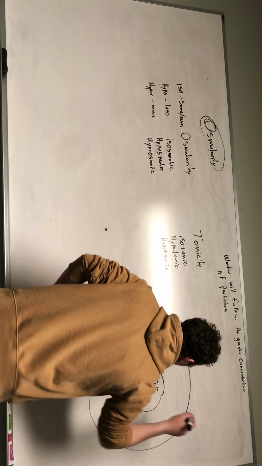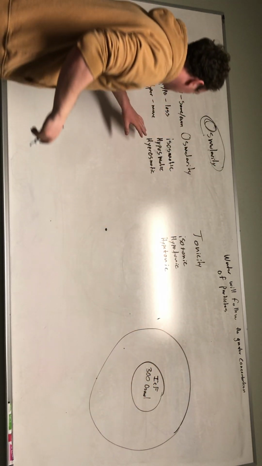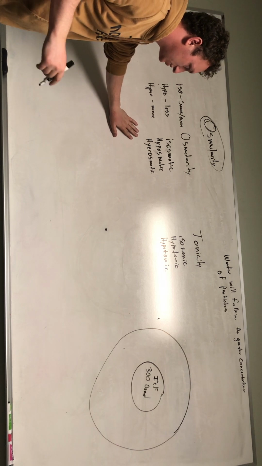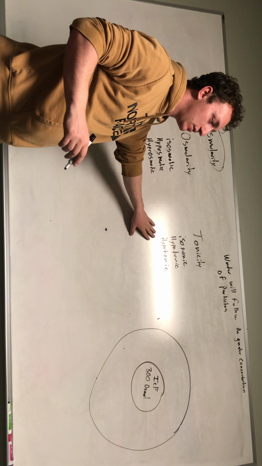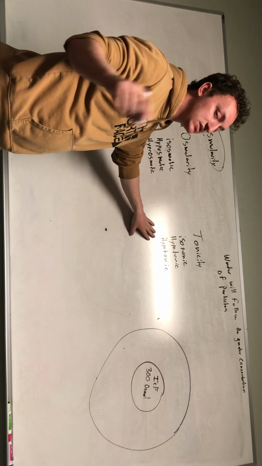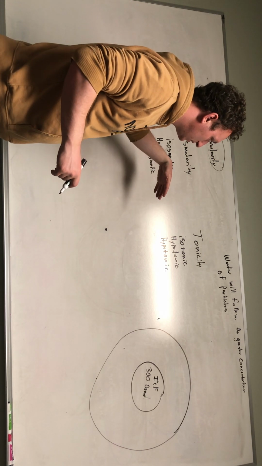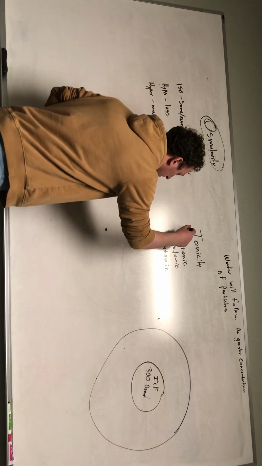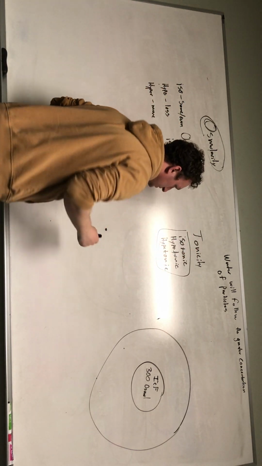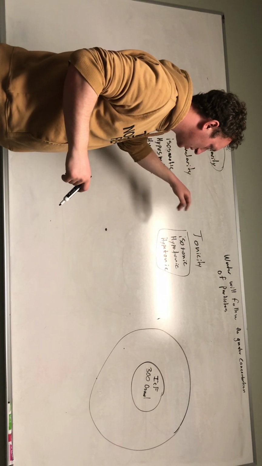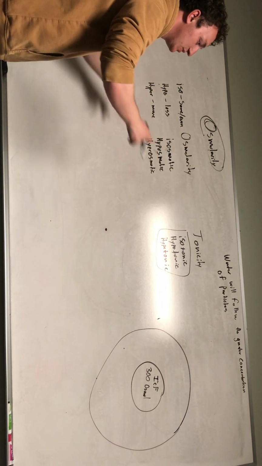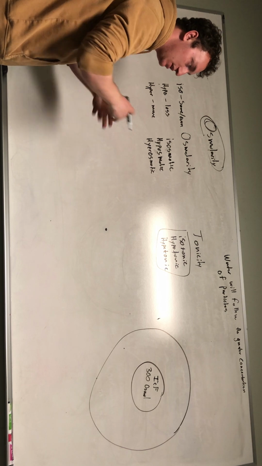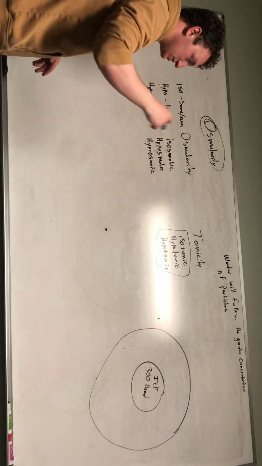Now, with osmolarity, we're still looking at concentration. Tonicity actually has to do with what happens to the cell. So it won't have necessarily a number associated with it. We'll just be able to say, well, it's isotonic, hypotonic, or hypertonic after it's done reaching equilibrium through the cell membrane.